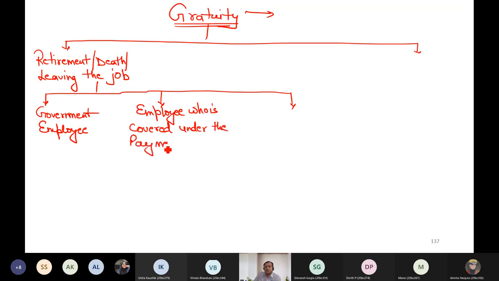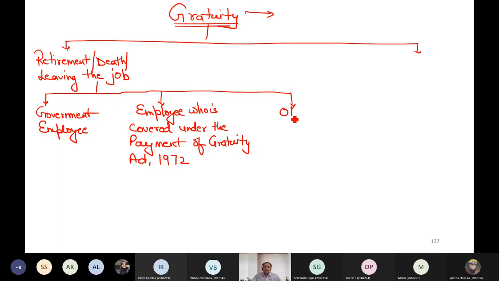For gratuity, we have a separate act, the Payment of Gratuity Act. This act tells you in which organizations it is applicable by default, or where it is a legal obligation on the company to cover the employees under this act.